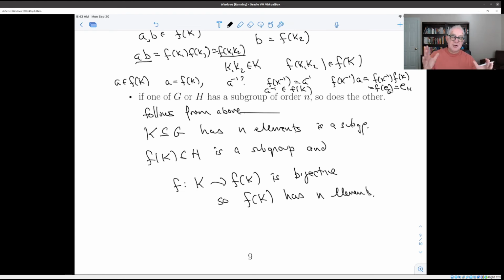So if G and H are isomorphic, and one of them has a subgroup of order 3, then the other one also has to have a subgroup of order 3.